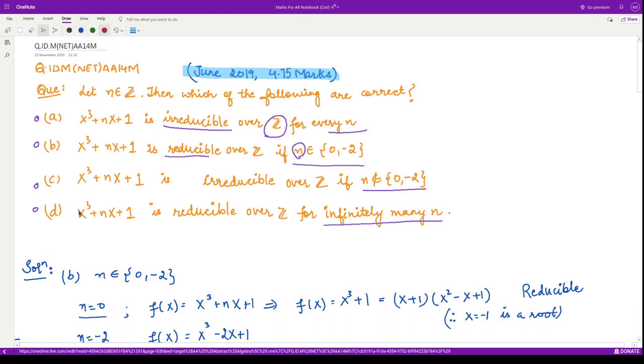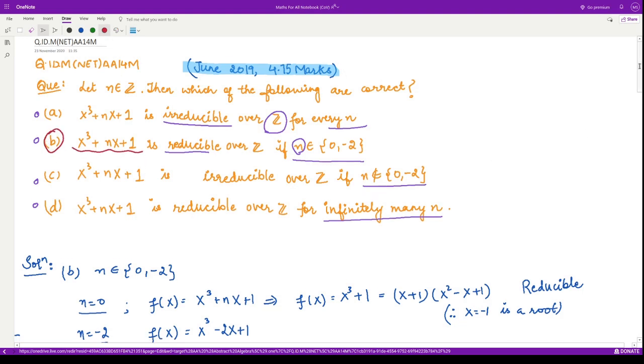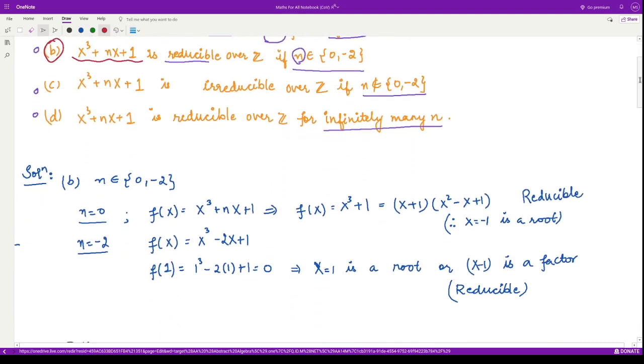So let us proceed with option B. For this option we have this polynomial, x cube plus nx plus 1. Now we need to check it for two values of n, that is 0 and minus 2. So let us substitute n is equal to 0 into our given polynomial. Our polynomial x cube plus nx plus 1, now this term becomes 0, therefore we are only left with x cube plus 1.